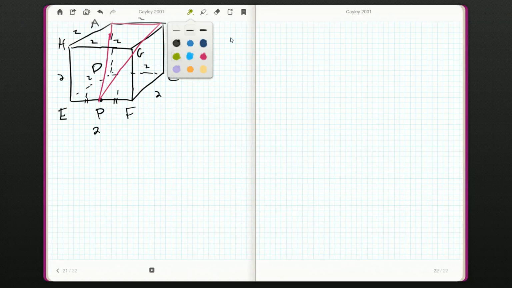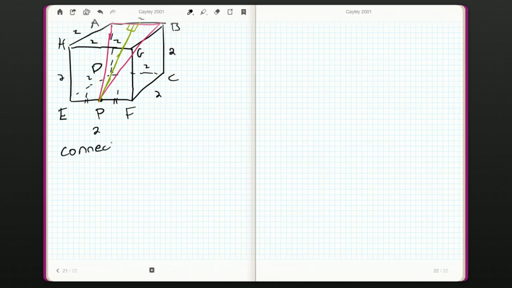Now, if I were just to consider the line from P connected to AB that makes a right angle in the same plane, we're going to make an altitude or height for triangle APB.